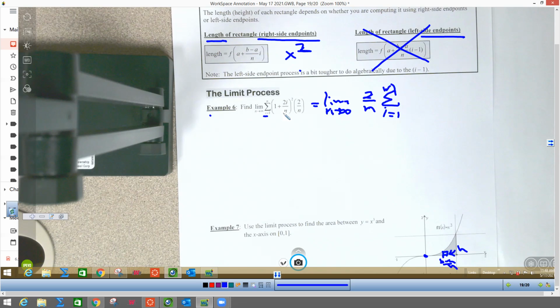And then I want to square this thing right here. When I want to square this, it is easier to make this into a common denominator and put it as one term. So I would multiply 1 by n over n to get a common denominator here. So this part right here would end up being n plus 2i all over n squared.